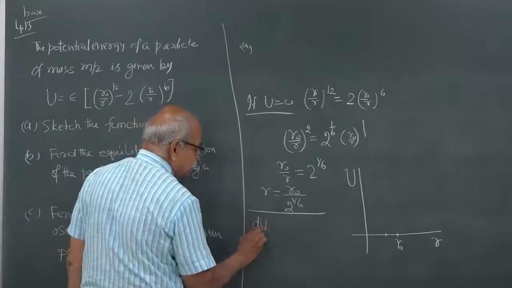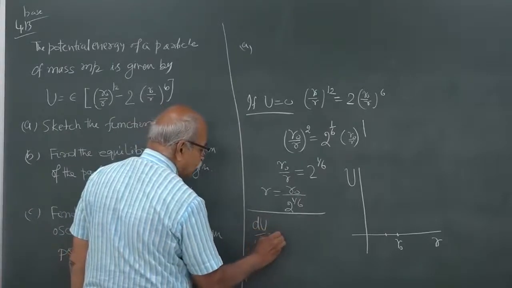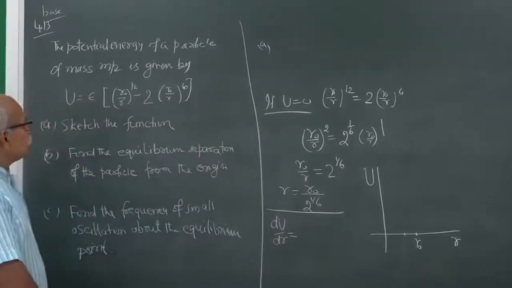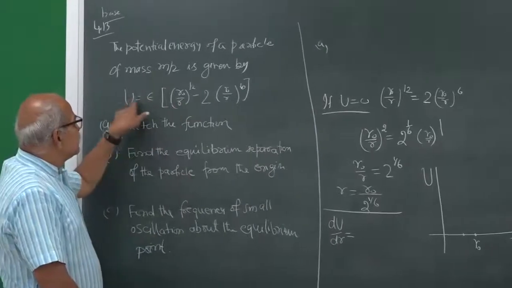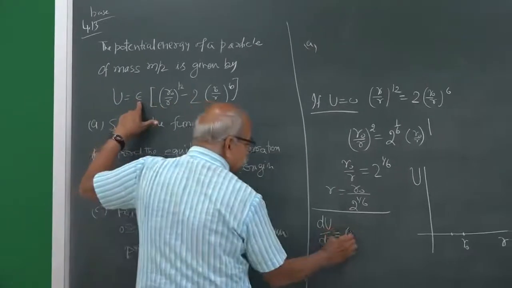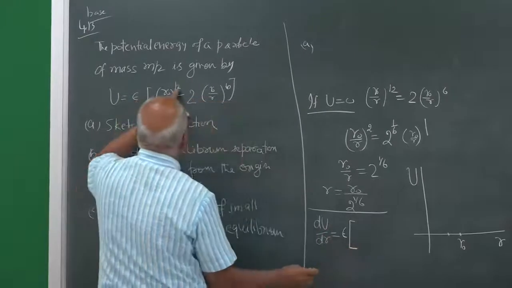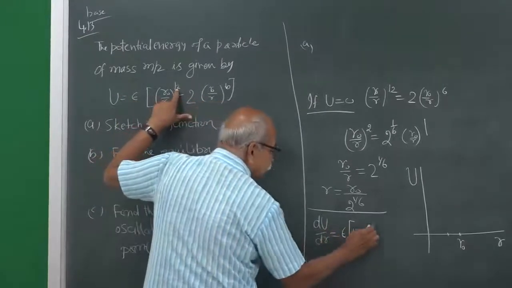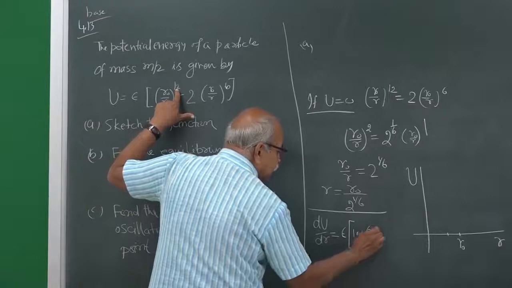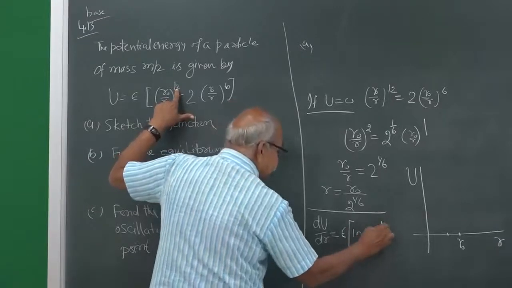So, let us look for du dr. If you differentiate, it will be epsilon, then 12 times r naught by r to the power 11.